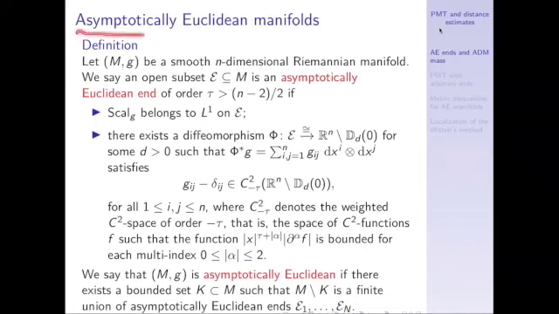We start with recalling the notion of an asymptotically Euclidean manifold. So let M be a smooth n-dimensional Riemannian manifold.